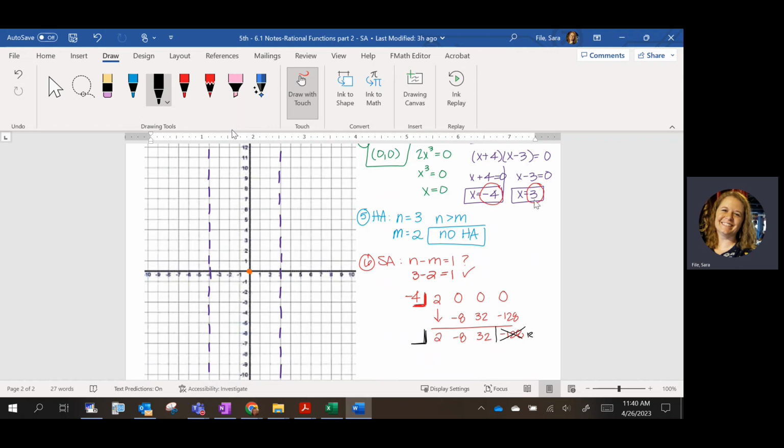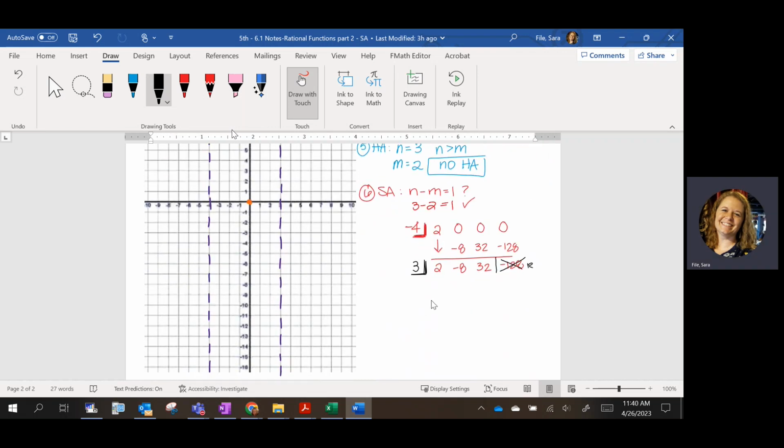So the other value that we're going to plug in that little box is a 3. So now we're going to use the 3. And we're going to repeat or continue, I should say. We're not starting over with the 2, 0, 0, 0. We're going off of what we found. Okay, so I dropped the 2 down. 3 times 2 is 6.